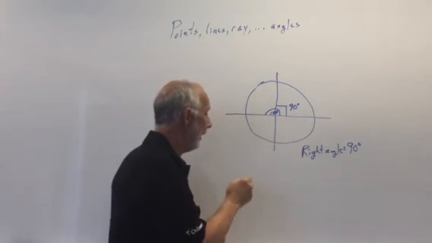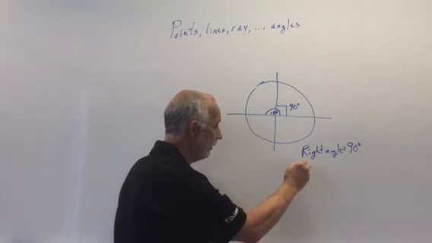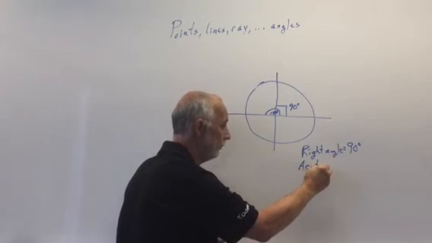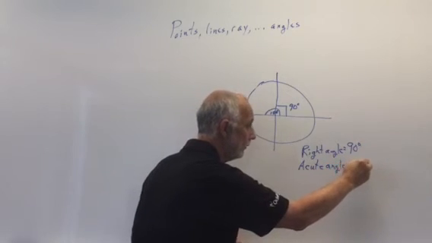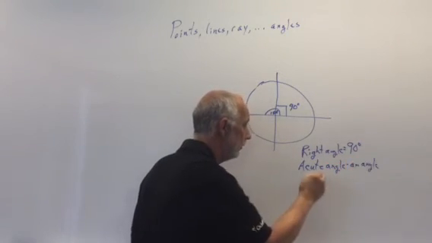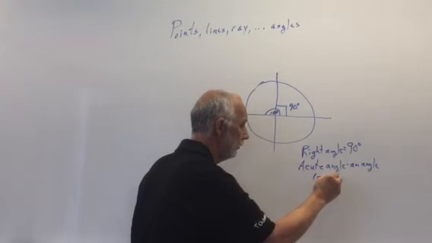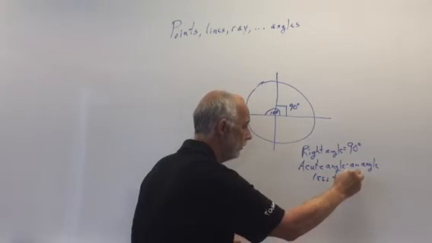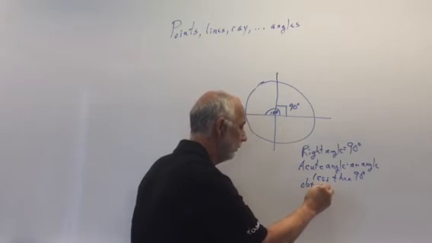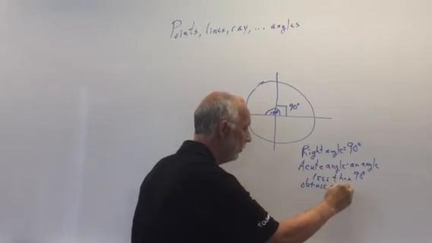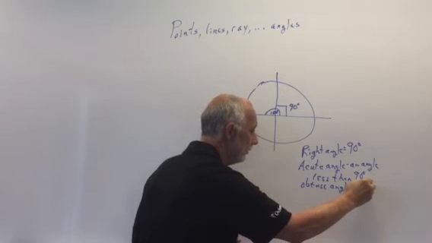Now, you could have an angle that's less than 90 degrees. It's called an acute angle. And you have an obtuse angle, which is an angle greater than 90 degrees.